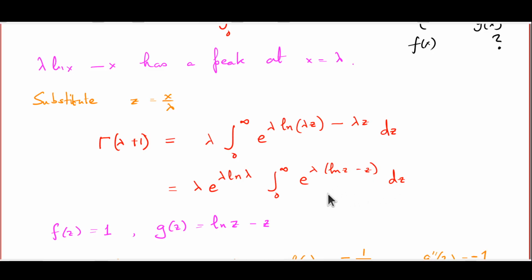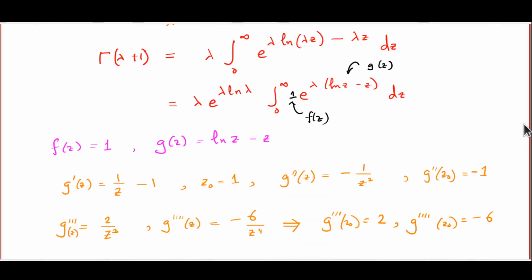So now we do have our standard form. This quantity log z minus z is going to be our function g of z. There is no f of z, which means f of z really is 1 here. So this is our setup: f of z is 1, g of z is log z minus z. So we can easily calculate all the derivatives that you need.